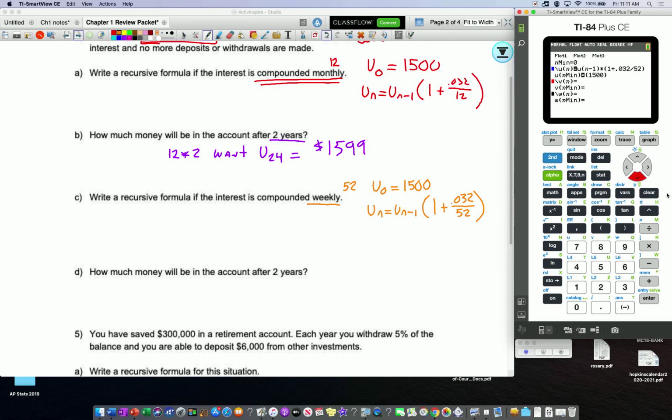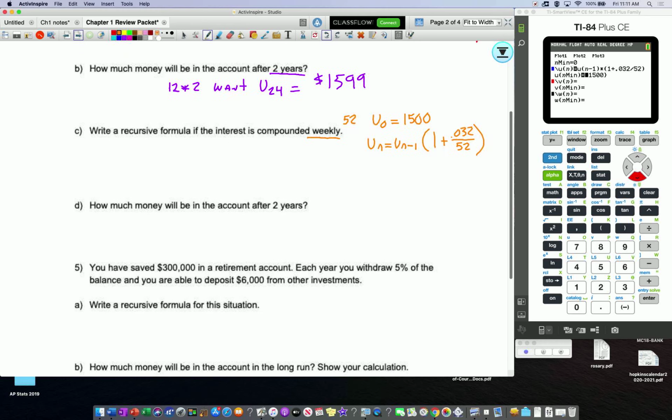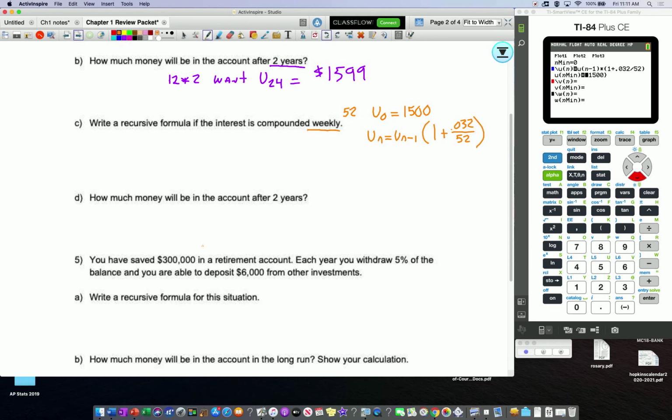Okay? Now, the other thing that changes is it says how much money will be in the account in 2 years. Now it's not 12 times 2, but it's 52 times 2, or 104. So I want u sub 104.